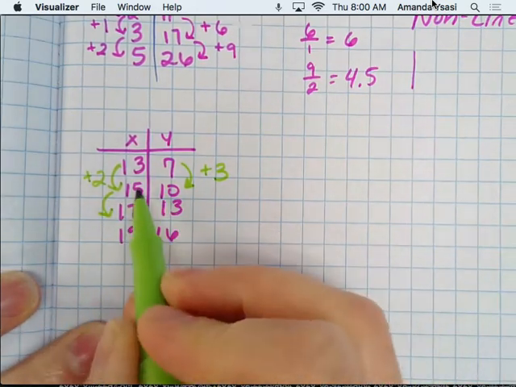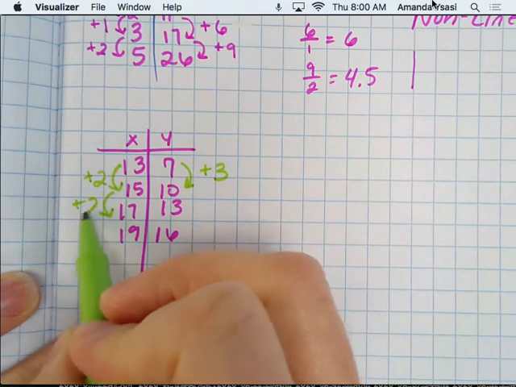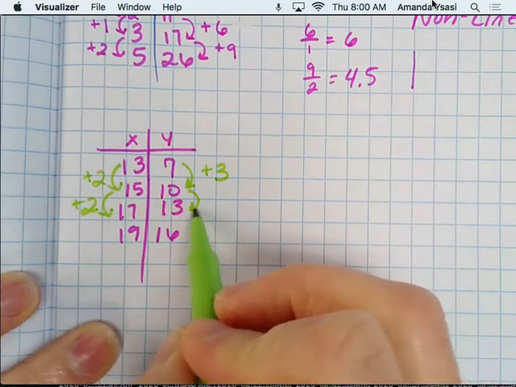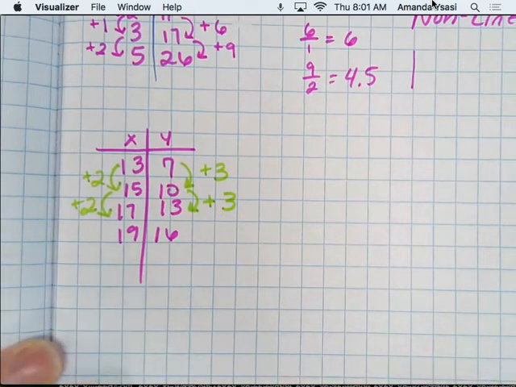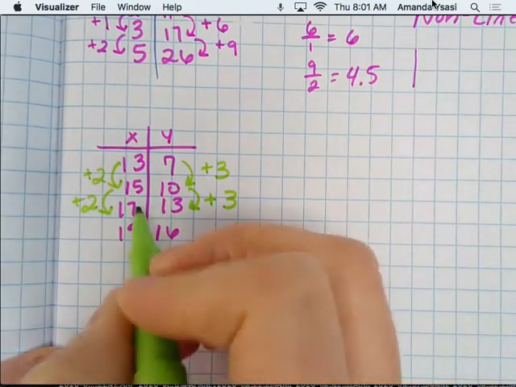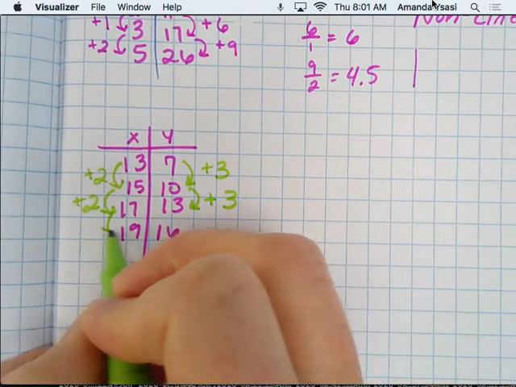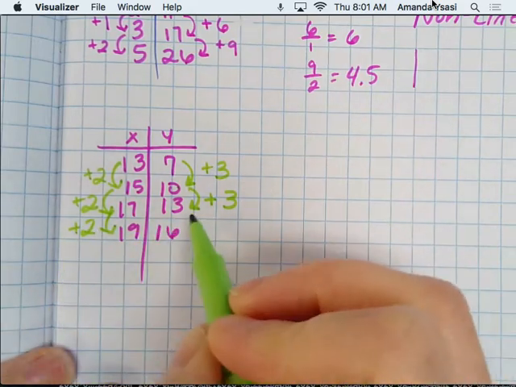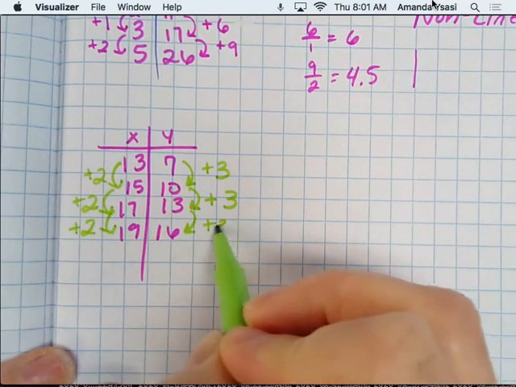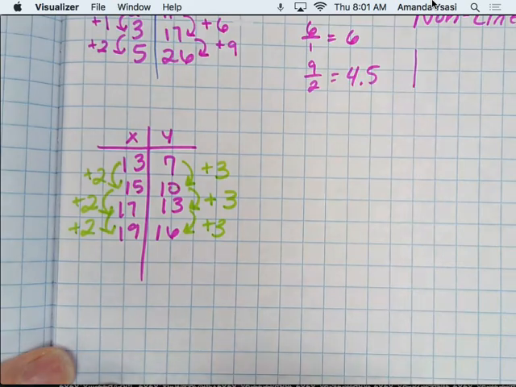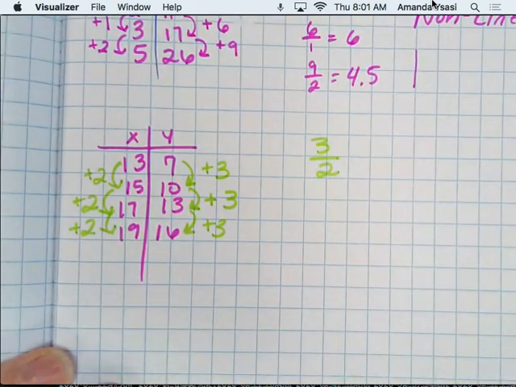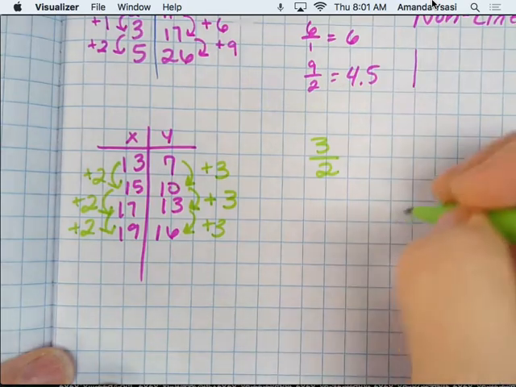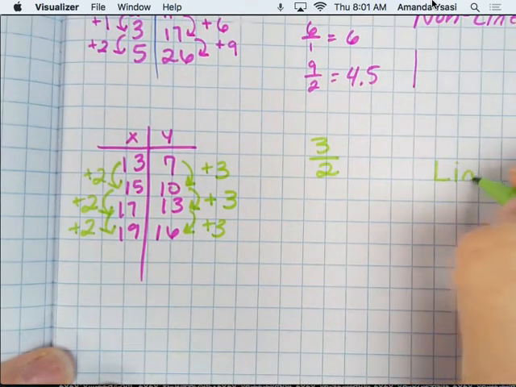The X goes up from 15 to 17 by 2. The Y goes up from 10 to 13 by 3. 17 to 19 goes up by 2. 13 to 16 goes up by 3. So it's the same ratio of 3 over 2 each time. If it's the same ratio each time, that's linear.